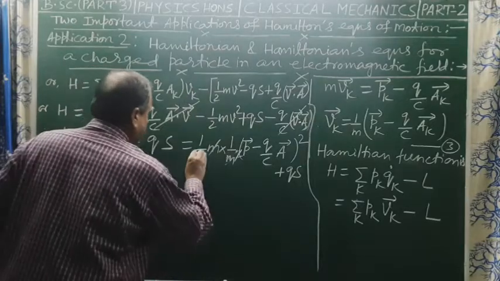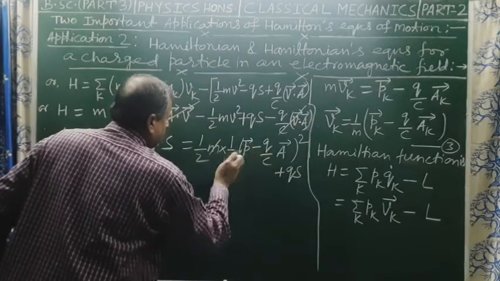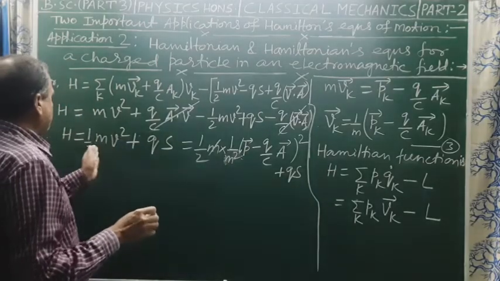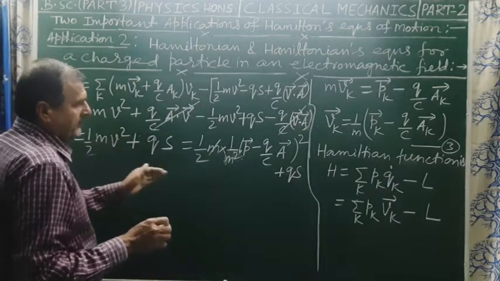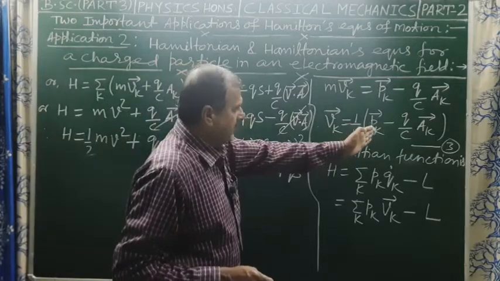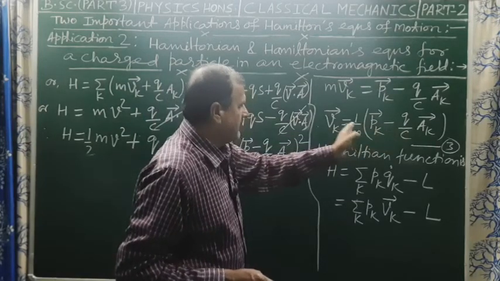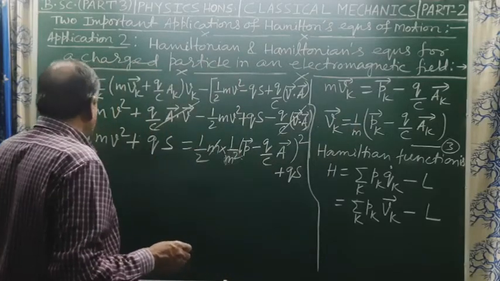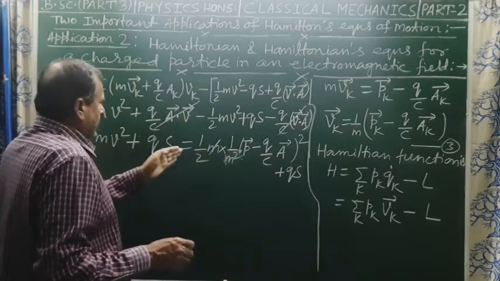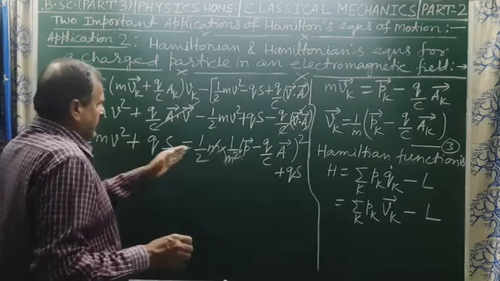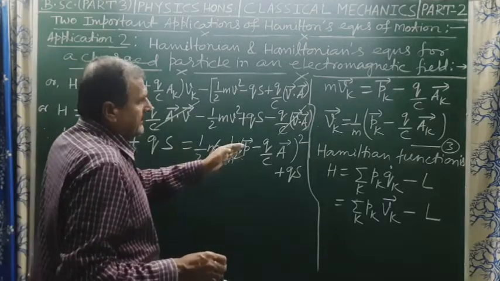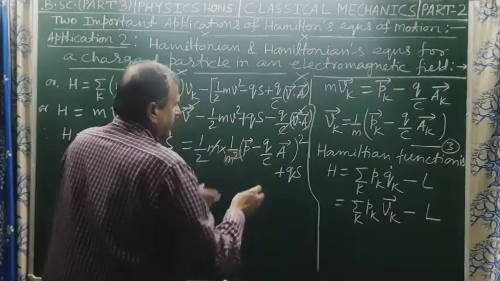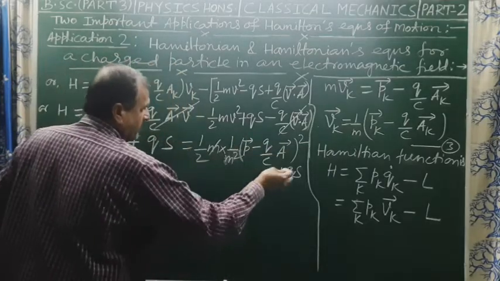of the charged particle. It is m squared in the denominator because the term is H equals half m v squared plus q s, where the value of v is vk equals 1/m pk minus q by c ak squared. So here vk squared, v squared will be the whole square, so 1/m squared; the Hamiltonian 1/2 m v squared plus q s, that is 1/2 m into v squared, is 1/m squared into p minus q by c into A vector squared, plus q s, the second term.